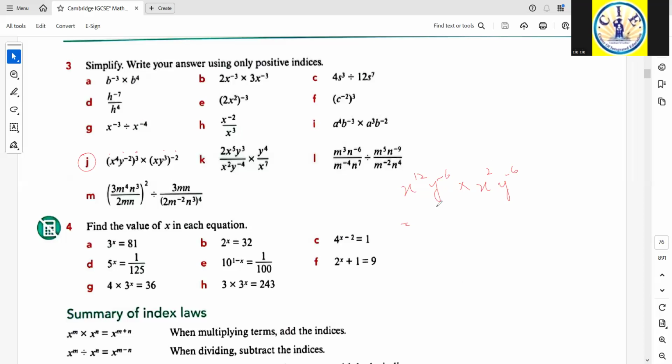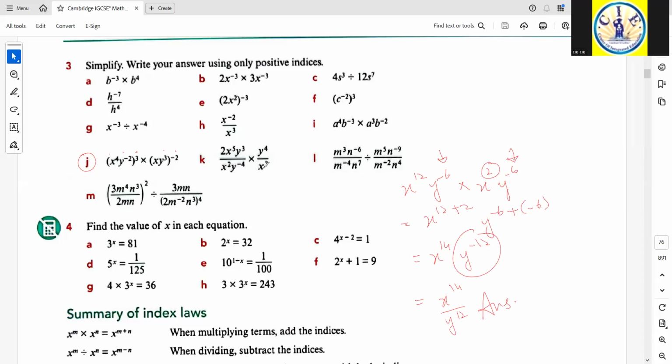Now x raised to the power 12 plus 2, both of these indices have been simplified, and then y raised to the power negative 6 plus negative 6, both of these indices. Okay, then this is x raised to the power 14, and then y raised to the power negative 12, making y to have positive index. We can write it down like this. So that is its final answer.